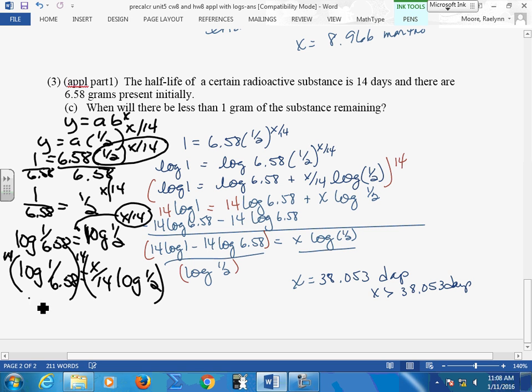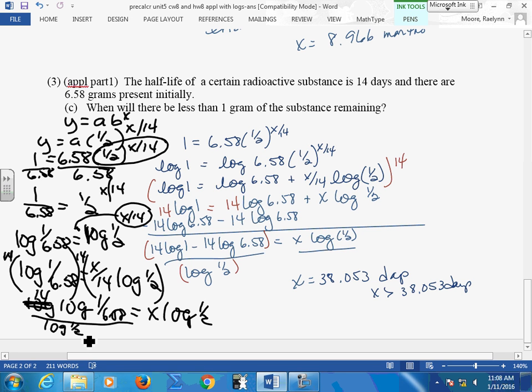So now I've got 14 times the log of 1 divided by 6.58 equals x times the log of 1/2. And I'm going to divide both sides by the log of 1/2.